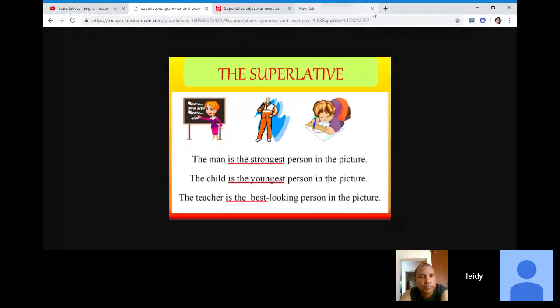Different sentences. Yes. It could be: the man is the biggest person in the picture.